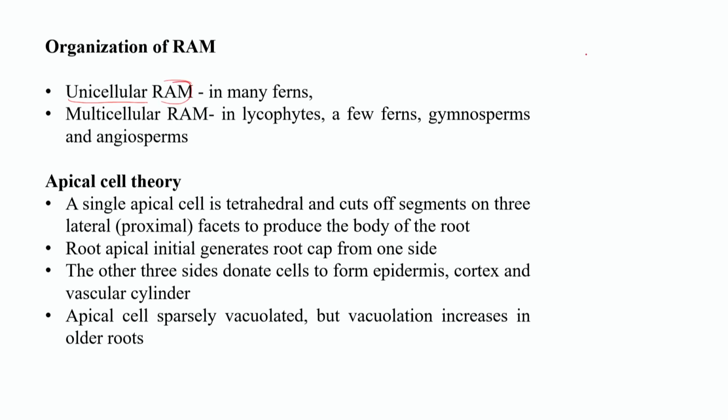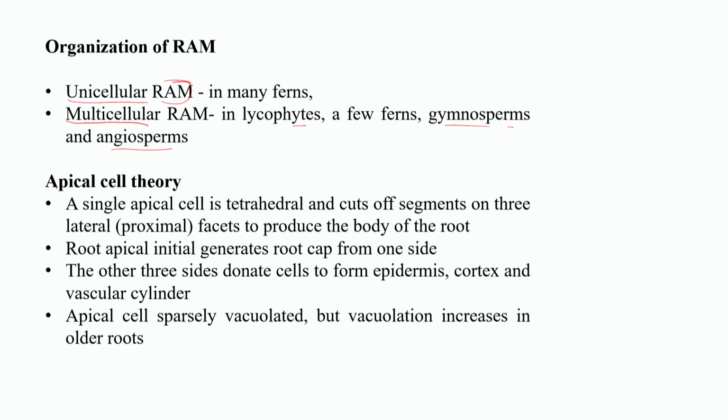A single apical cell is found in ferns, whereas in the roots of other higher plant types, the root apical meristem is multicellular. This is also found in some pteridophytes like lycophytes and a few other ferns, or you can say vascular cryptogams, and it is also found in gymnosperms and angiosperms.